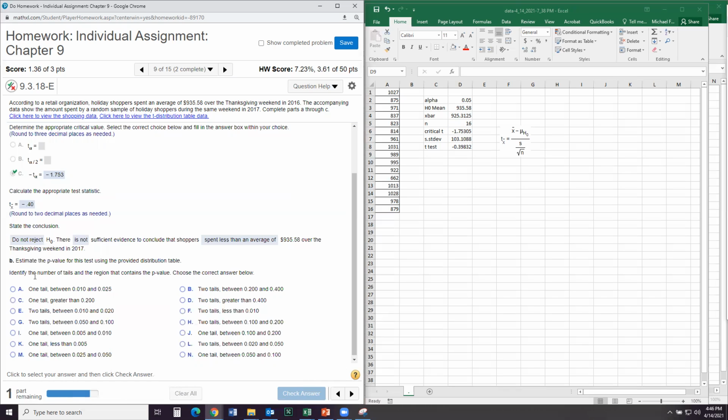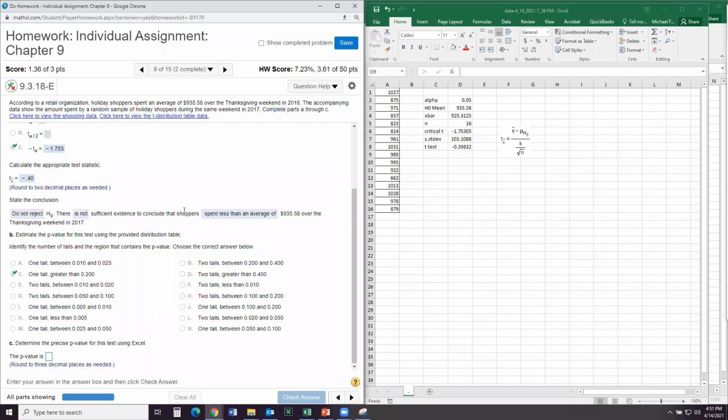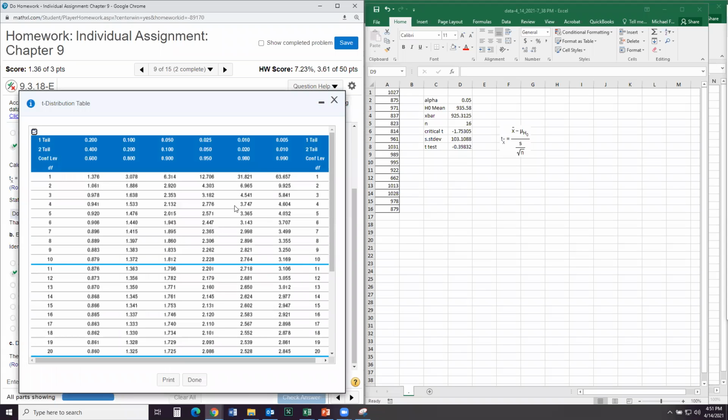Let's see, estimate the p-value for this test using the provided distribution table. So I had to pause it and figure this out because I always just use Excel. I don't use the table, and this was forcing us to use the table. You can see the answer I got here is one tail greater than 0.2. All I did was open up the t-distribution table.